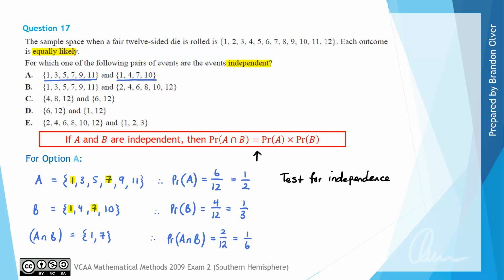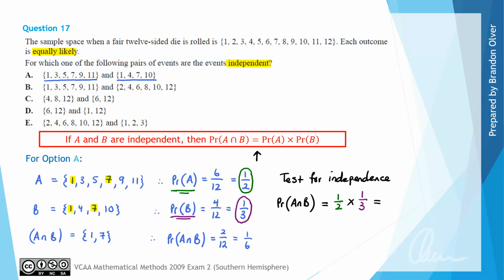So the next thing I'm going to do is test for independence, which is essentially just testing if this equation holds true. So therefore I'm going to calculate the probability of A intersecting B using that formula. So we're going to want that to equal the probability of A, which is 1/2, multiplied by the probability of event B, which is 1/3.